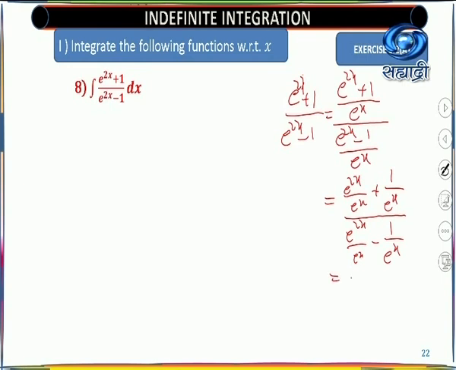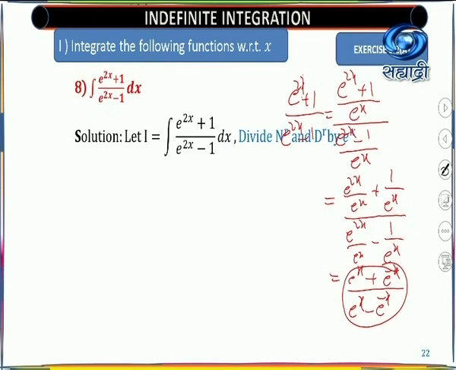So which gives you e raised to x plus e raised to minus x upon e raised to x minus e raised to minus x. So this is the value of e raised to 2x plus 1 upon e raised to 2x minus 1. This value we will keep for ourselves, which we'll write here.